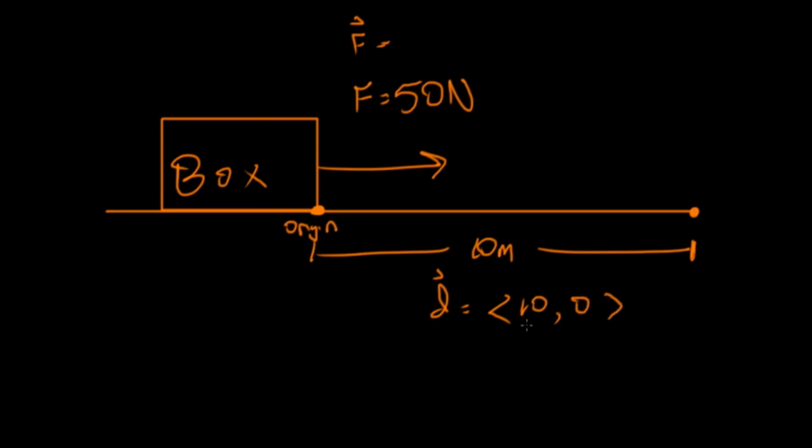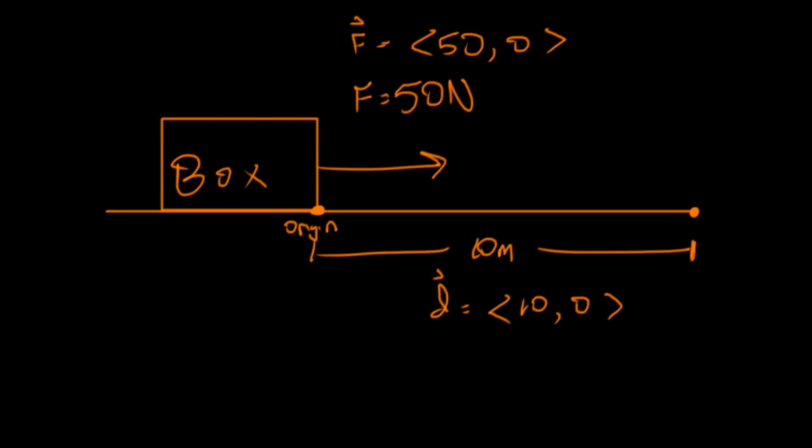Additionally, with the force vector, I'm applying this force 50 newtons to the right, but I'm not applying any force in the vertical direction. We only have a horizontal component. So I could describe these two vector quantities with vectors. Here they are, 50, 0, and 10, 0.